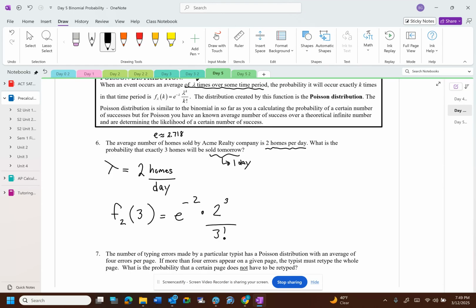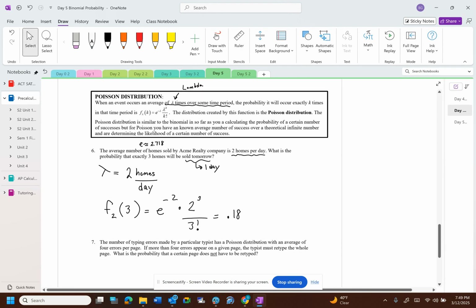And that comes out to be about 18%. So that's basically it. Now, you might be wondering how this relates to binomial, and it definitely does relate. If it feels very similar, there is a connection there.